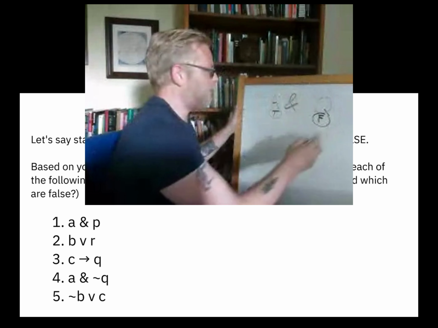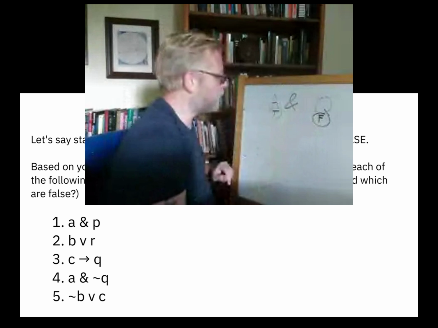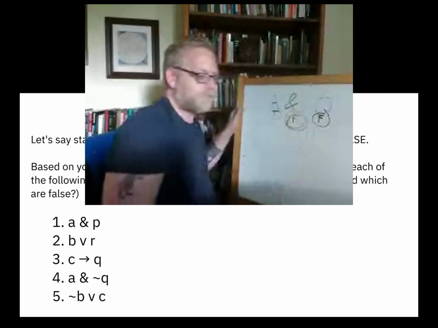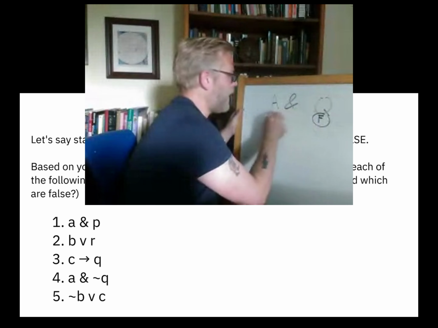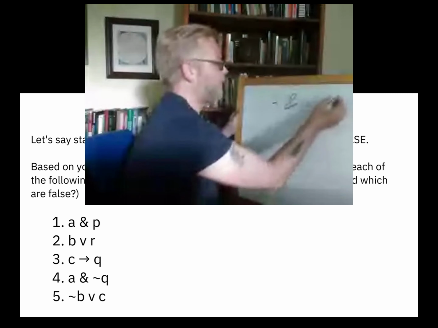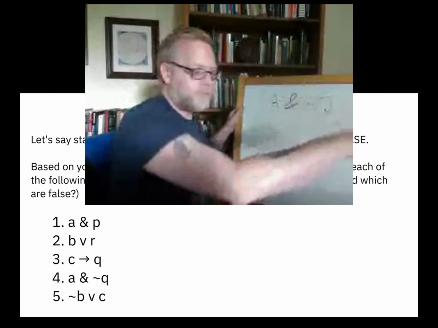Now the whole statement is not true, right? Because for a conjunction to be true, both have to be true. So now we'd have to say the whole thing is false. But it changed everything by adding a little negation in there, right? Because if we negate Q, then suddenly this conjunct becomes true, and then they are both true.